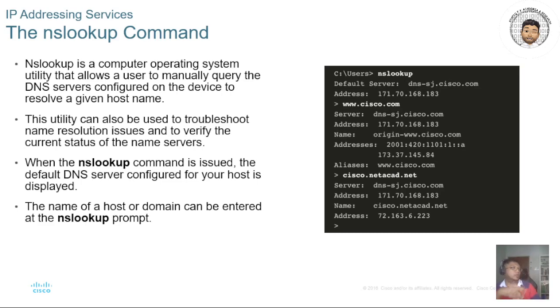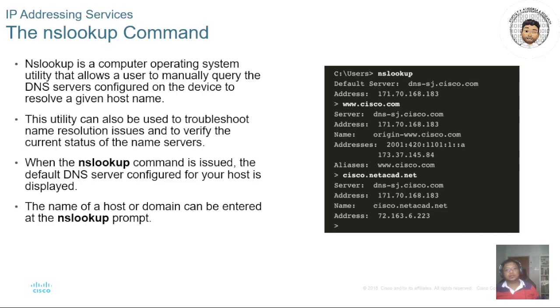So for IP addressing services, you have what we call nslookup. nslookup is a computer operating system utility that allows a user to manually query the DNS server configured on the device to resolve a given host name.